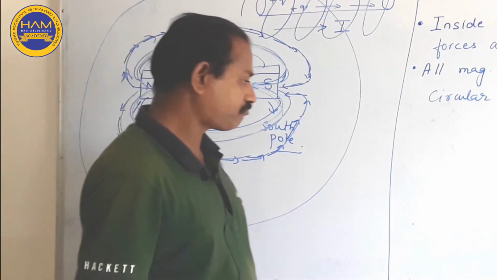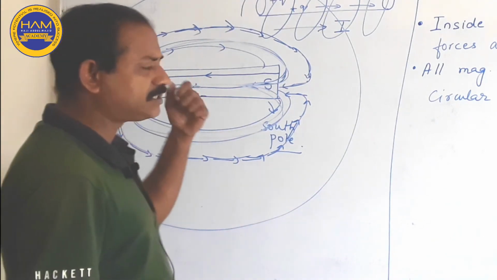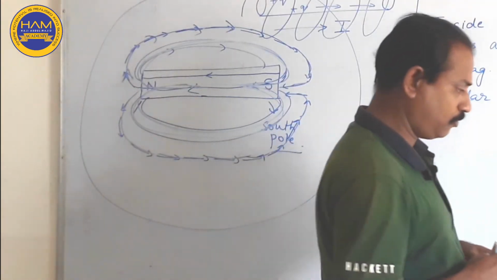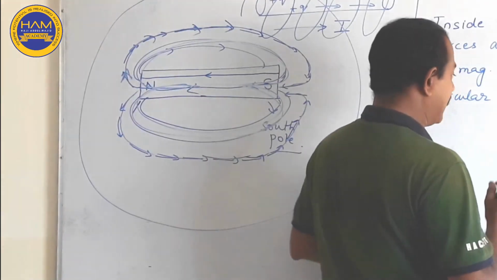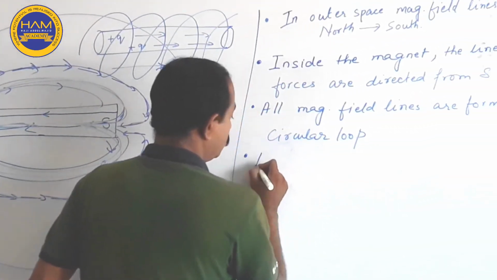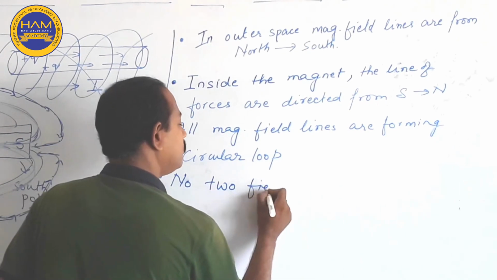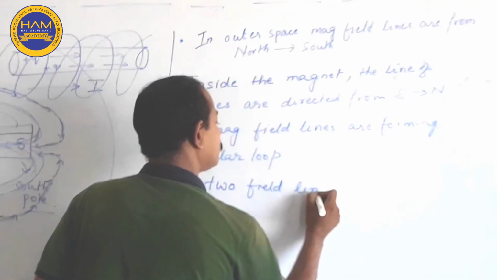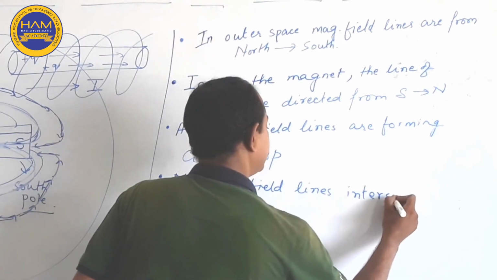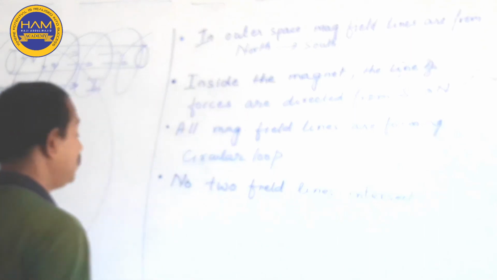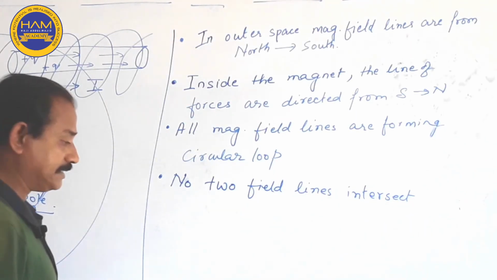Okay, now so many small lines. Are the lines cutting each other? What do you see? We see that yes, there are lines, but no two field lines intersect. Every field line is distinctive and no field lines intersect.